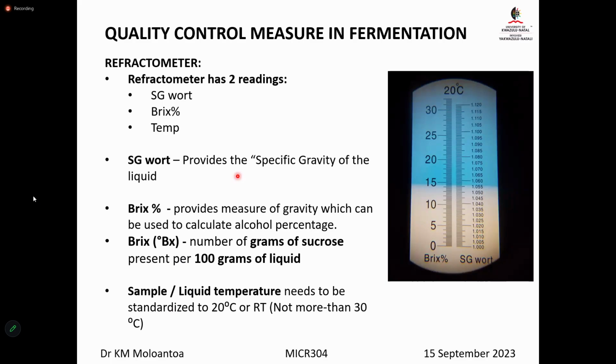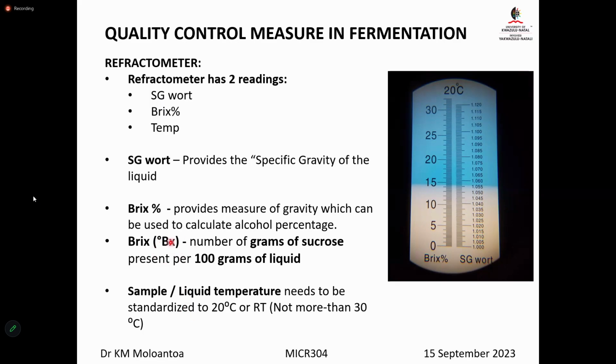So the Brix, or the degree Bx, is the number of grams of sucrose present per 100 grams of liquid. So here we're talking about a concentration of solutes, which is the Brix percentage. So the sample, the liquid temperature needs to be standardized to 20 degrees or room temperature, not more than 30 degrees, as I alluded to earlier.